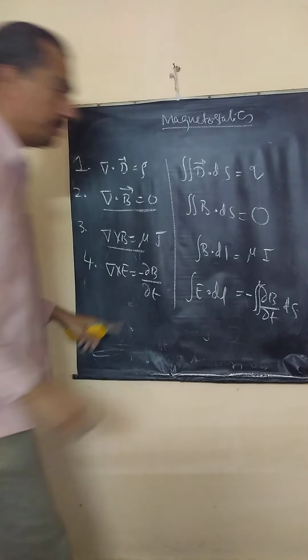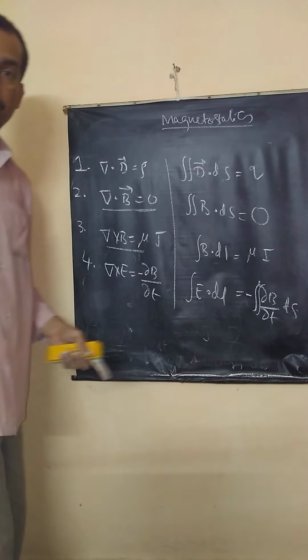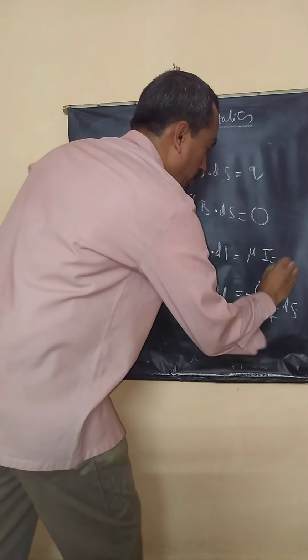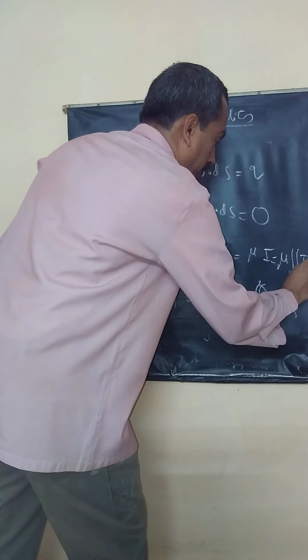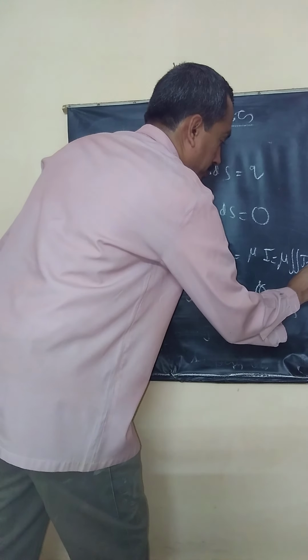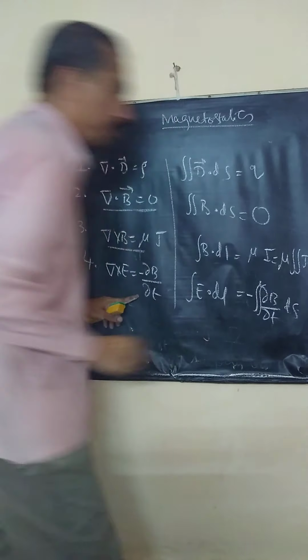Correct? I can be written in terms of current density as mu into the double integral of J ds. Correct? So these four equations, please practice them. We will see how Maxwell modified Ampere's law.